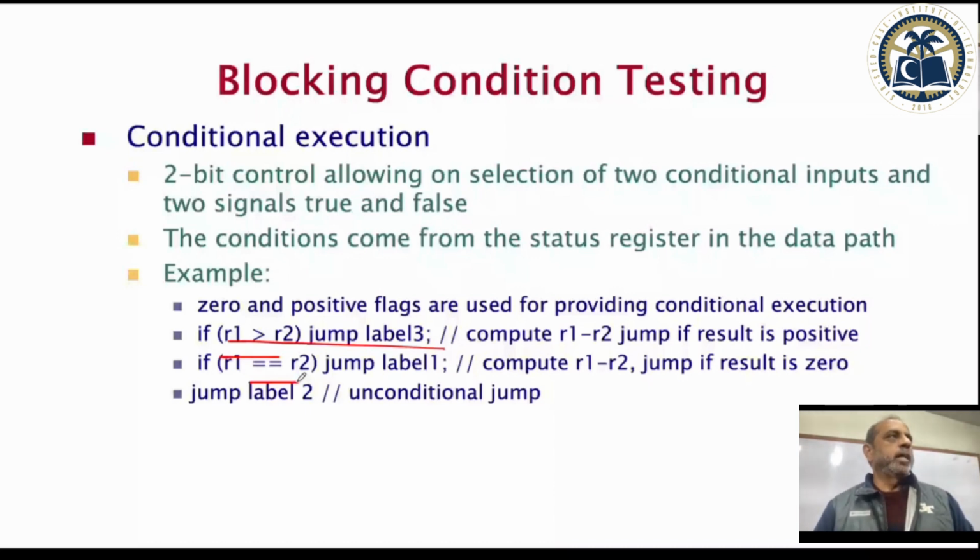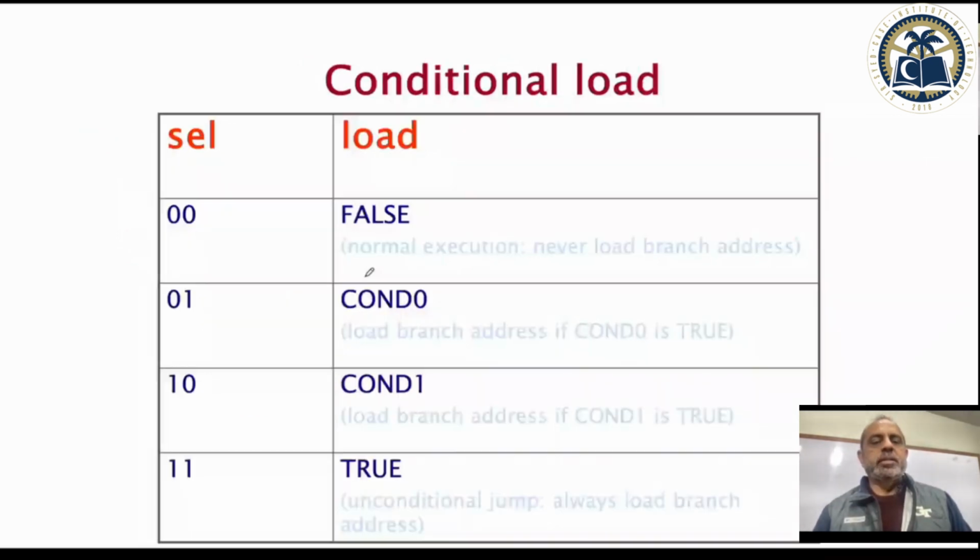So you are going to have 2 flags which will define this, or jump to label, or just keep doing what you are doing. So there are 4 possibilities that your state machine can do. 0 0 means never jump, condition 0 then jump, condition 1 then jump, or always, if it is true, always jump. It is the go to statement.